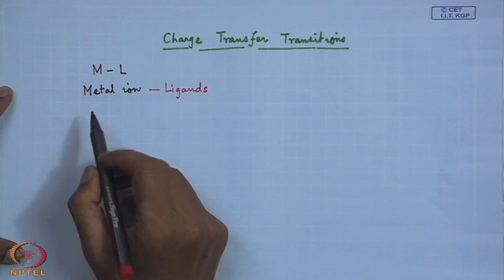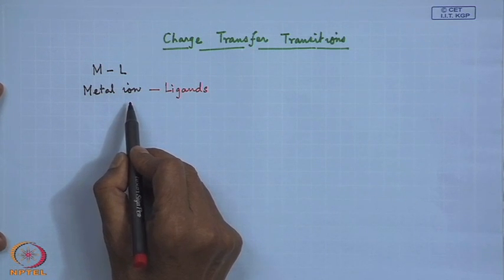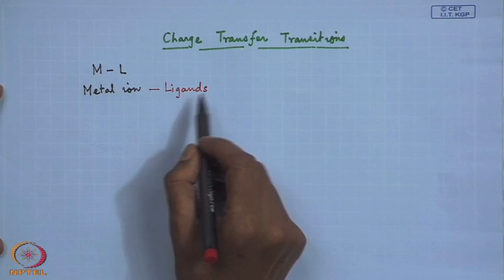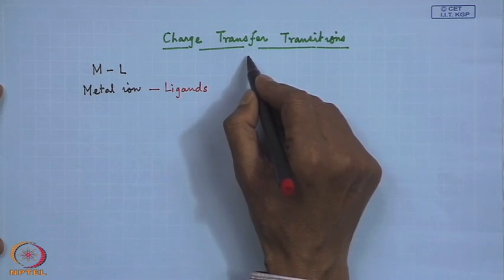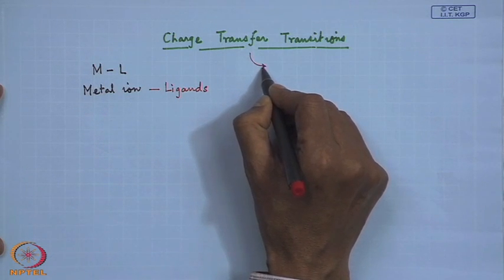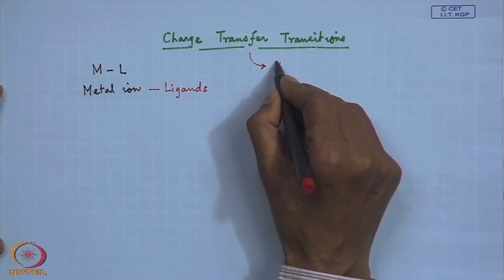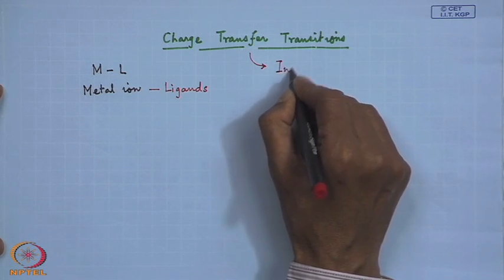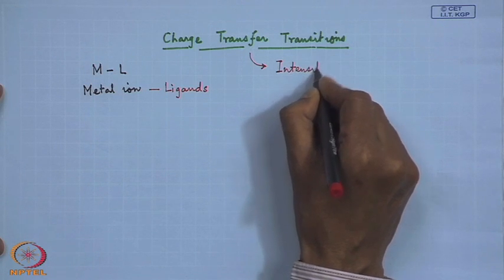Depending upon the nature of this particular metal ion center and the ligands, we can have different charge transfer transitions, which are very much characterized by their intensities.